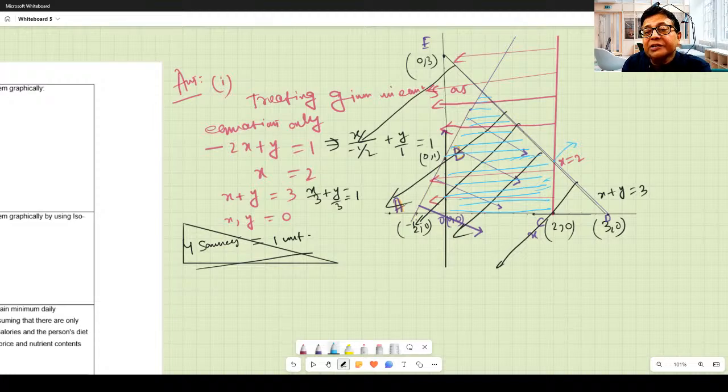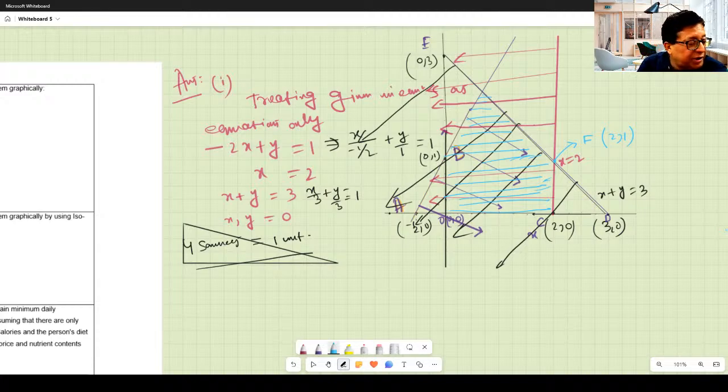This one is what? Take this one as D. No, F. This point's coordinate, x is 2, put it here, it is 2, 1. You can see it here also, 1, 2, 3, 4, 4 units. 4 squares is equal to 1 unit. Isn't it?